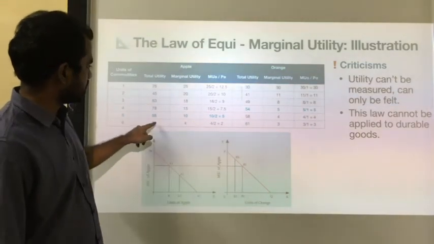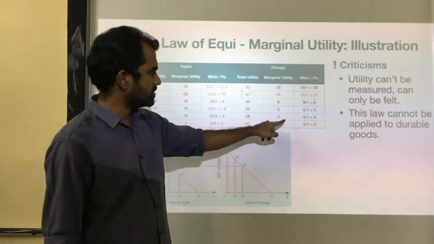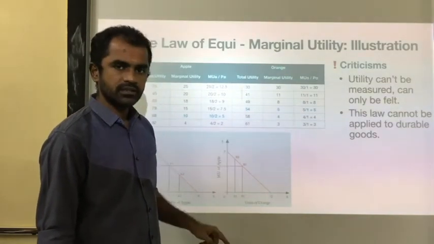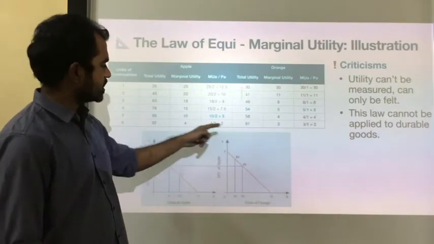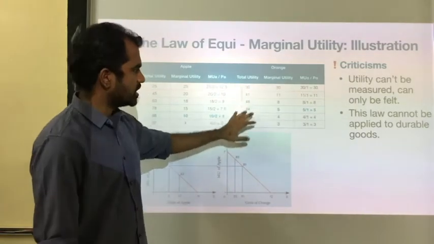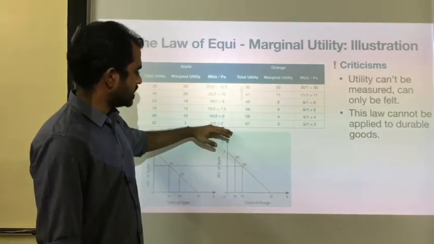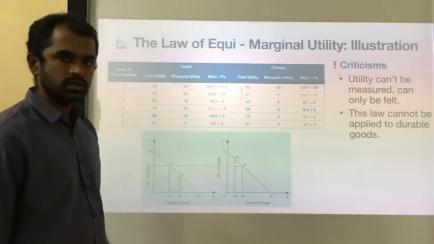We have a lower marginal utility and we have a higher marginal utility here. So, in order to compensate with that, money is transferred from apple to orange so that he can get more oranges and then make it equal to a value of 2.